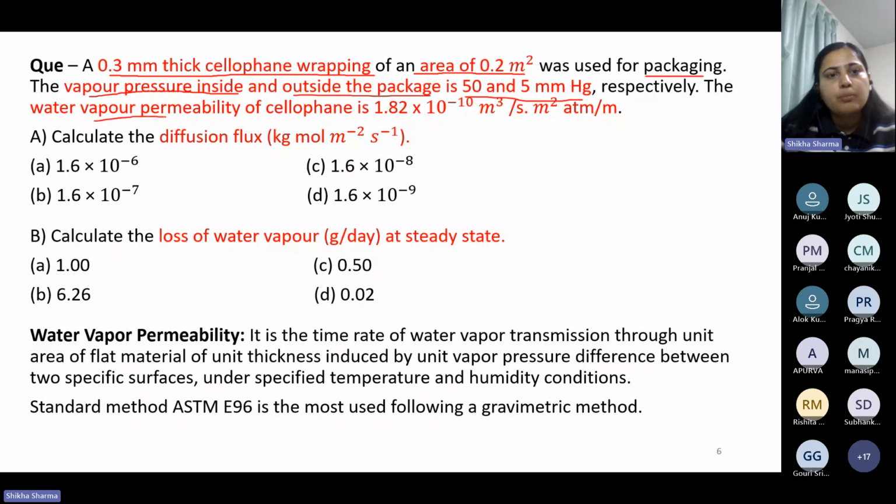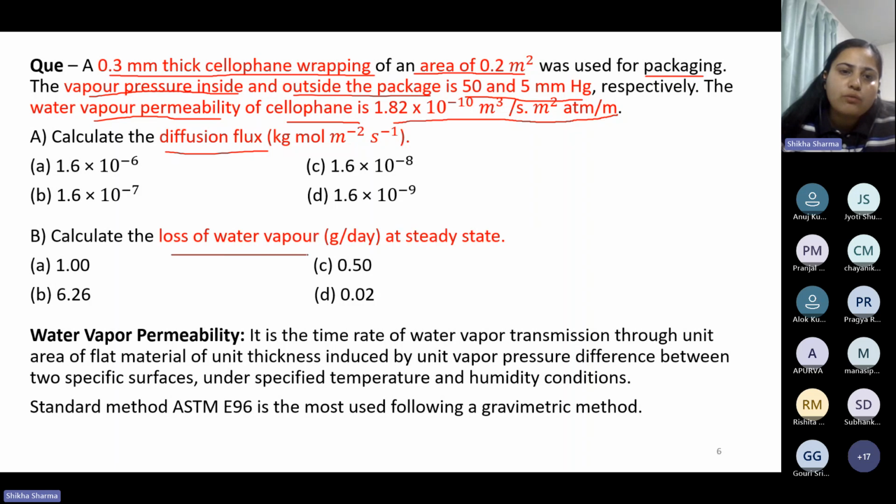The water vapor permeability of cellophane is 1.82 into 10 to the power minus 10 meter cube per second meter square atm pressure per meter. We need to calculate two things. First is the diffusion flux and second is the loss of water vapor in gram per day at steady state. We are assuming that water vapor loss is at steady state condition.